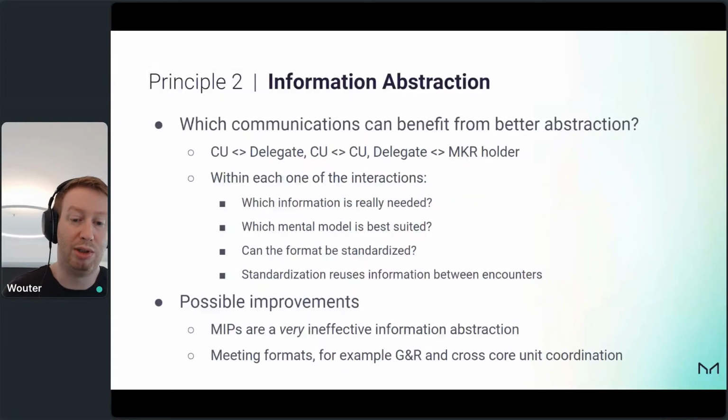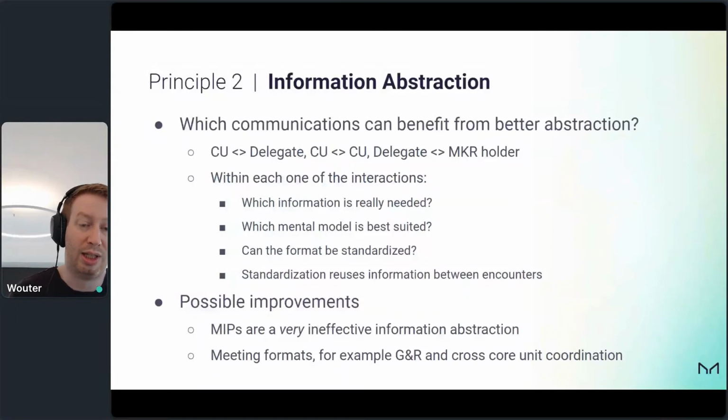This is one of the questions that we were struggling with, for example, when we look at the purpose of the GNR call. The governance and risk call has always been this somewhat awkward middle of a working meeting between core units to discuss present issues, but then also a little bit of a status reporting meeting to delegates.